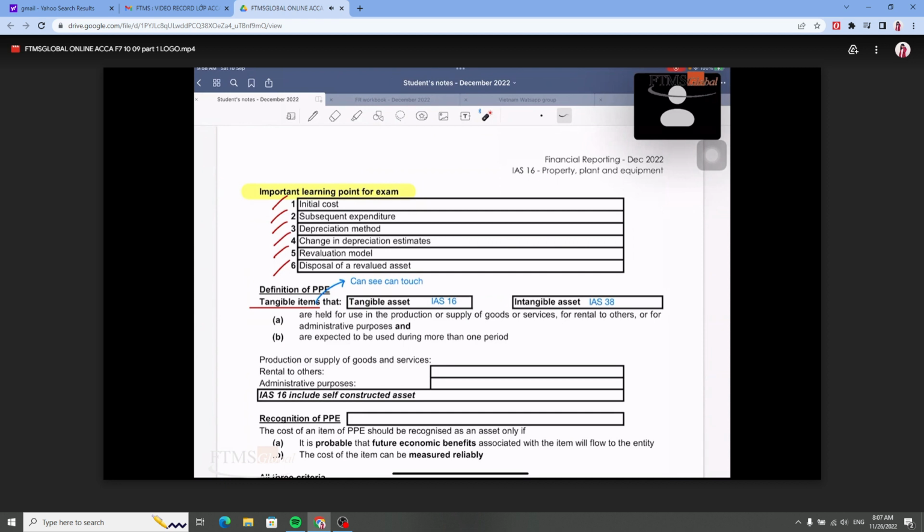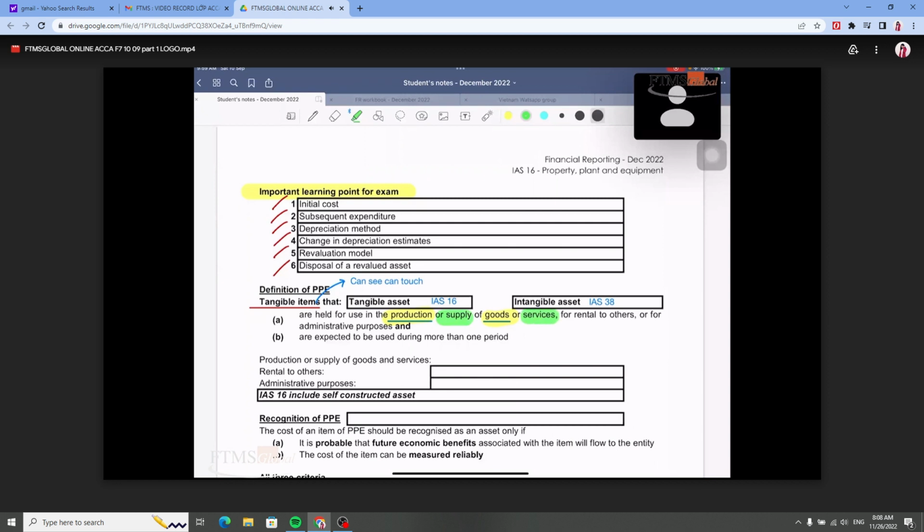Now let's take a closer look at the definition of PPE. They say held for use in the production of goods or services. Produce goods, or maybe supply services.